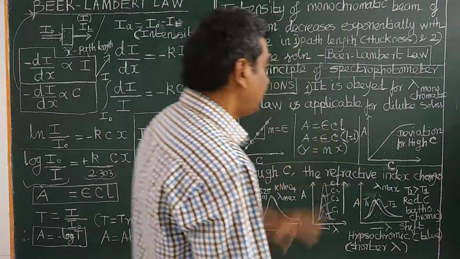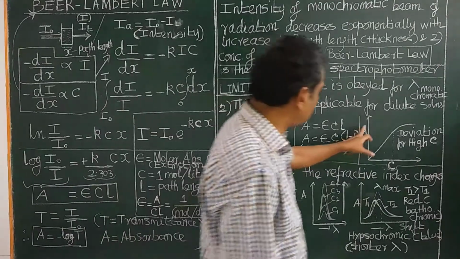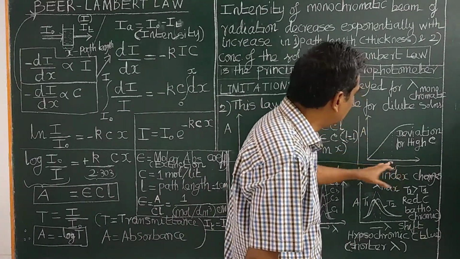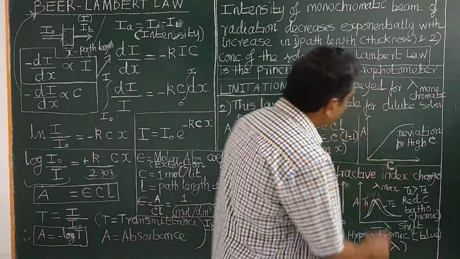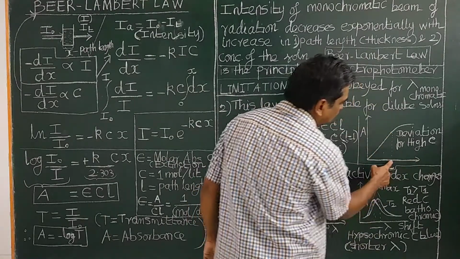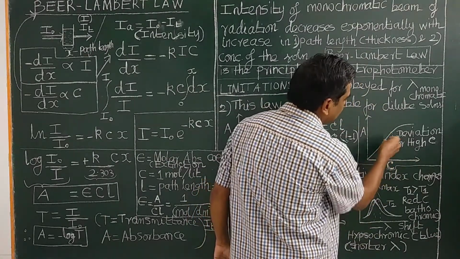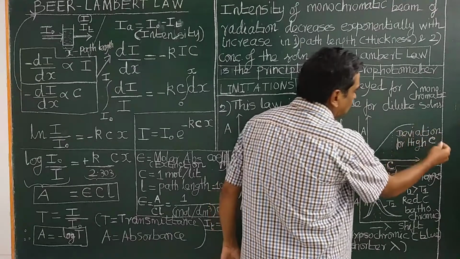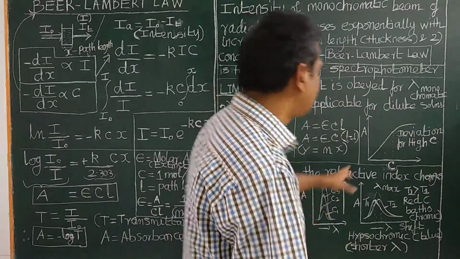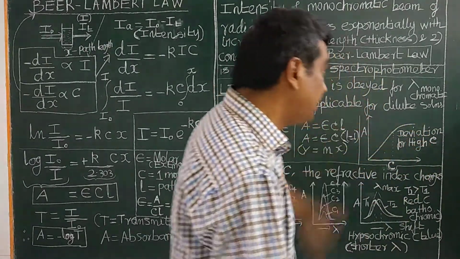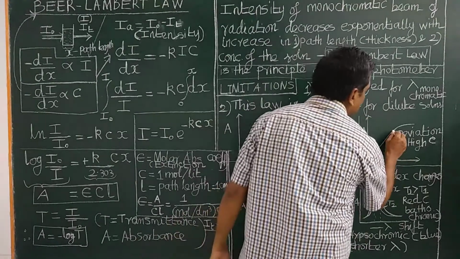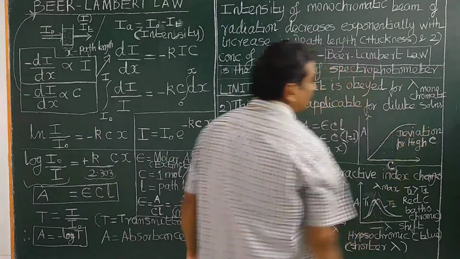And similarly, for high concentration, you see absorbance versus increase in concentration. Up to this low concentration, it is a straight line. Above this, for high concentration, there is a deviation. The straight line becomes a curve.